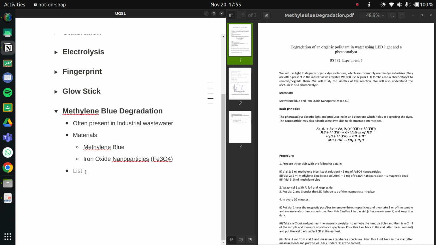So the basic principle is the photocatalyst absorbs light and produces holes and electrons which help in degrading the dyes. The nanoparticle may also absorb some dyes due to electrostatic interactions. Lengthy reaction. So you get a photon to Fe3O4, it creates Fe3O4 with an electron absorbed. Wait, what? e minus.